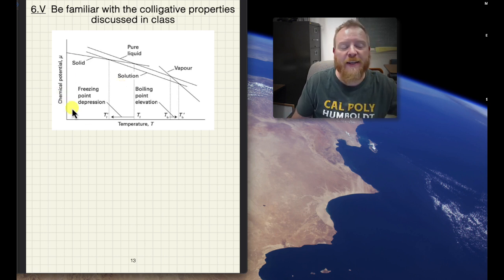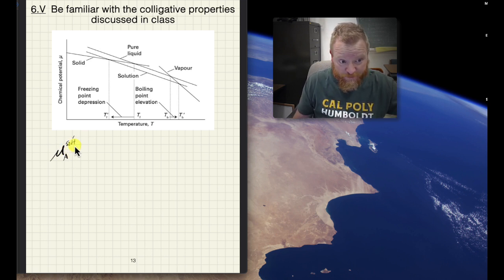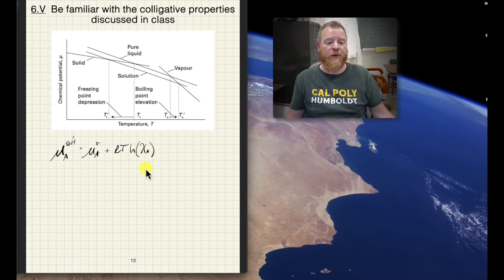So let's take a look at the chemical potentials. If you recall last time, we wrote down what the chemical potential is for a solution. It goes as the following. The chemical potential of the solution will equal the chemical potential of pure material plus RT times natural log of the mole fraction of that material.